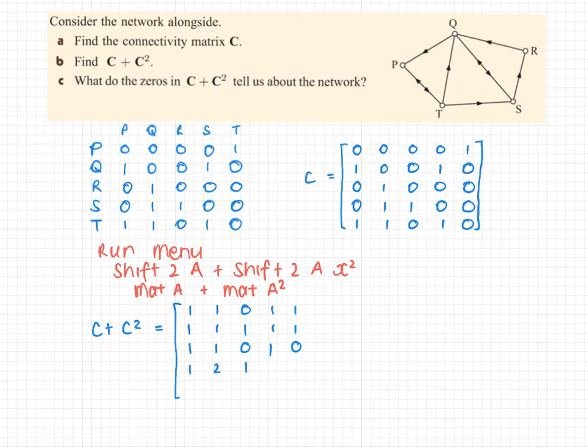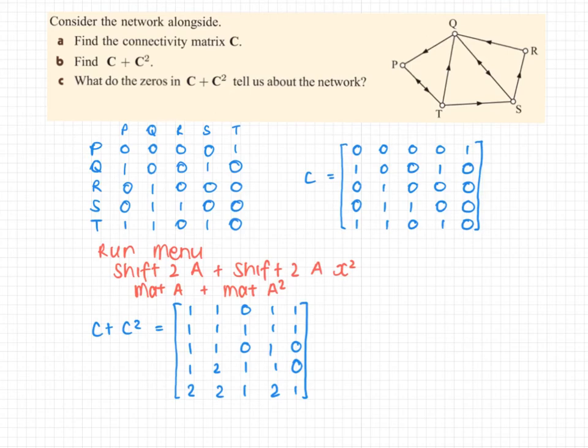So what we can see is there's still some connections that we can't make at the moment. So the values where we're getting 0, that means those nodes are not connecting to each other at most 2 times.